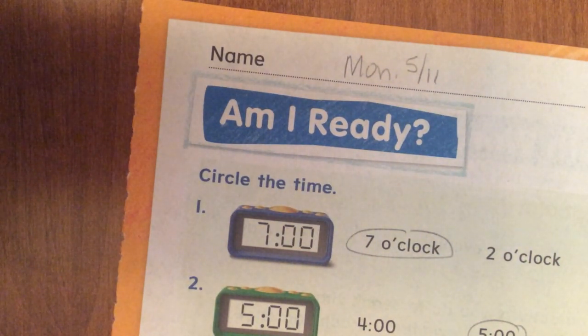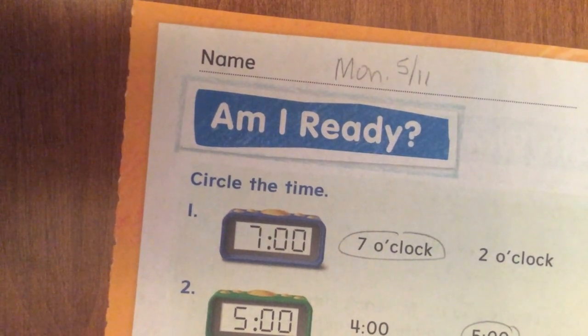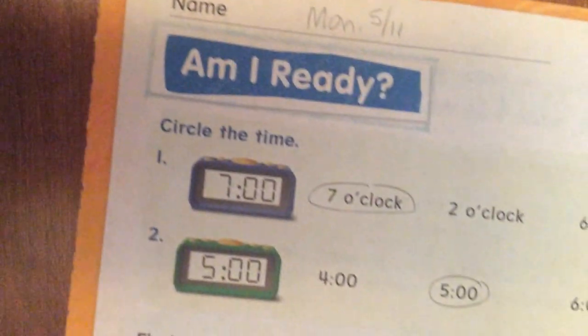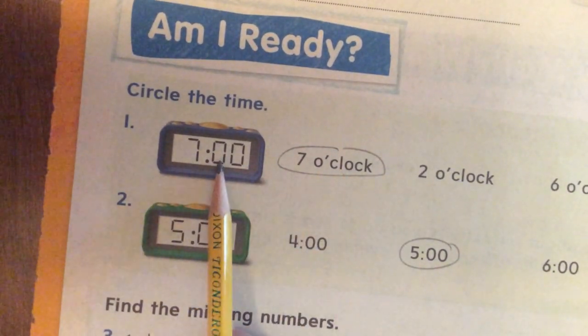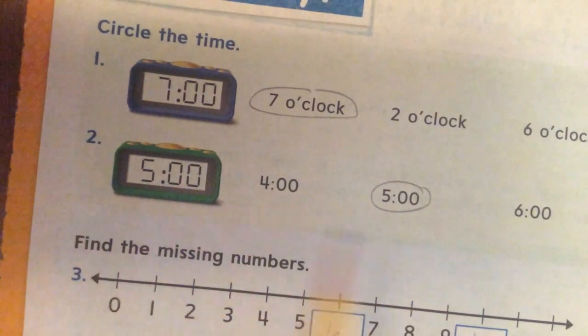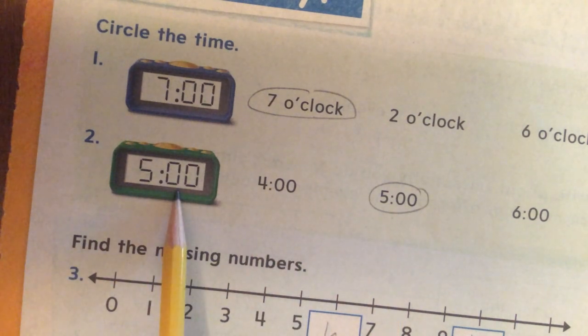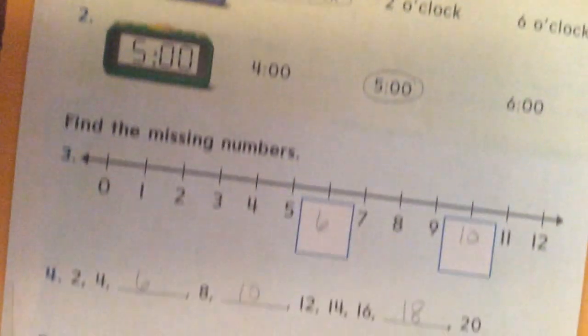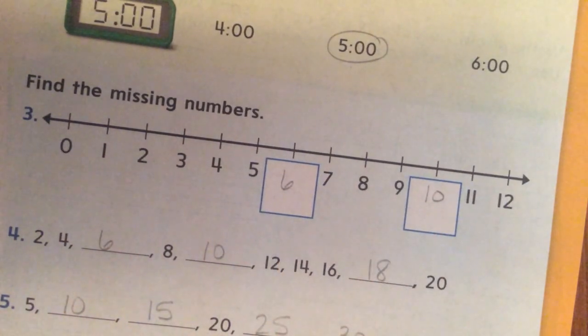Well, hopefully you thought this Am I Ready page was pretty easy. So the digital clock, I'm just going to show you the answers really fast. You should have put 7 o'clock because that's the hour, and 00 means o'clock. And 5 o'clock, so you should have circled this. So this is the same as this. That was really easy, wasn't it? Number 3, we're supposed to fill in the missing numbers, so you should have had 6 and 10.